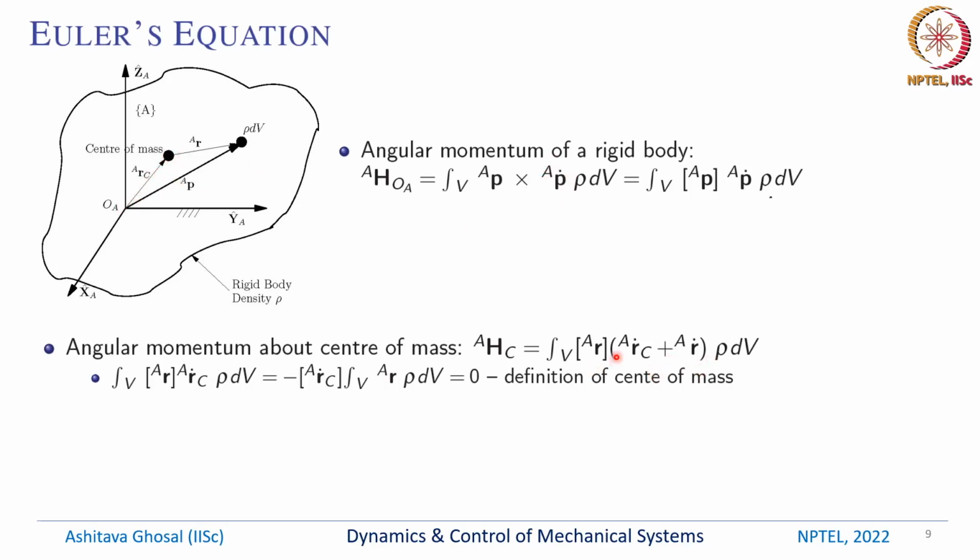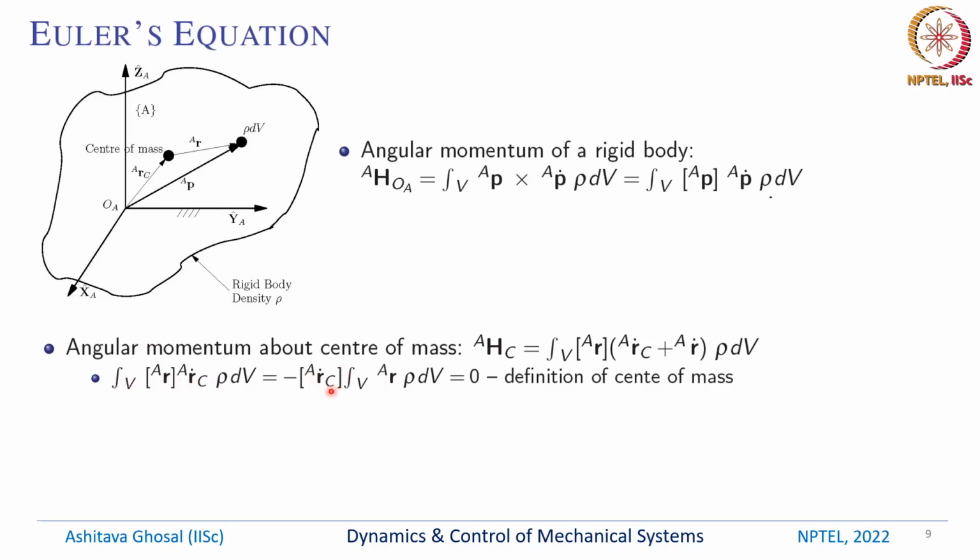So AP dot is written in this form, and then if you integrate, you can show that the volume integral of this skew symmetric matrix AR into ARC dot is given by minus ARC, because it's a cross product of two vectors, and you can change the order. Like A cross B we can write as minus B cross A.